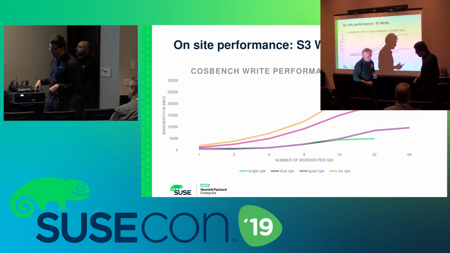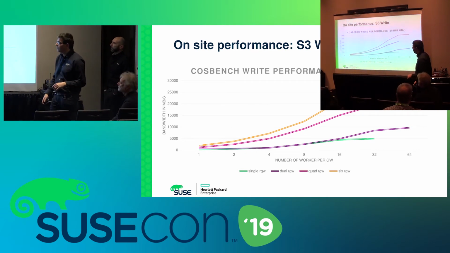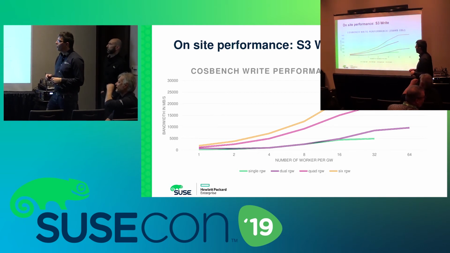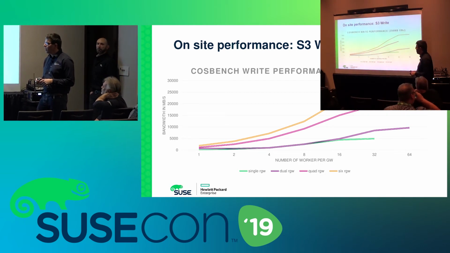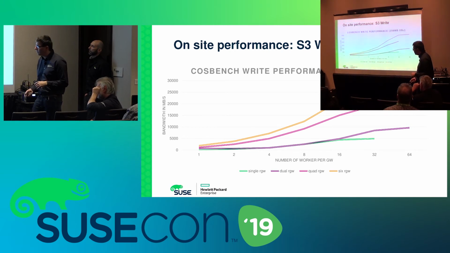So we did implement that. That was last July, July of last year. At that time, we installed the SUSE Enterprise Storage cluster. After we installed it, I had the opportunity to run some actual S3 benchmarks just to make sure that we reached the correct performance.